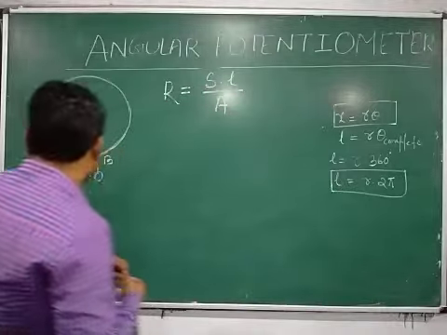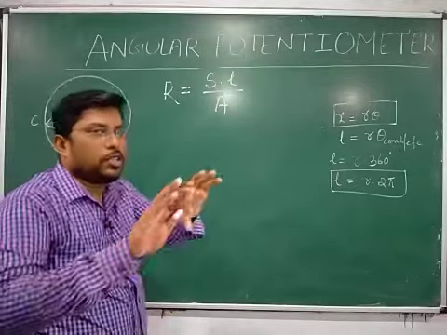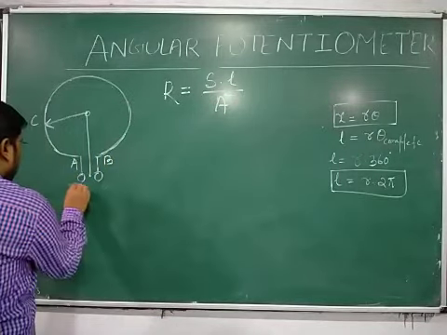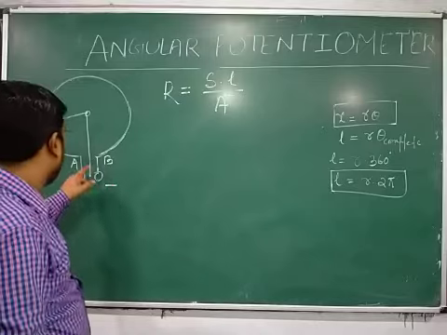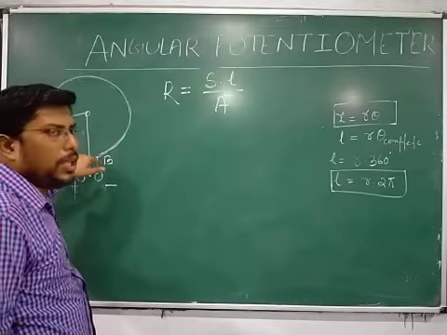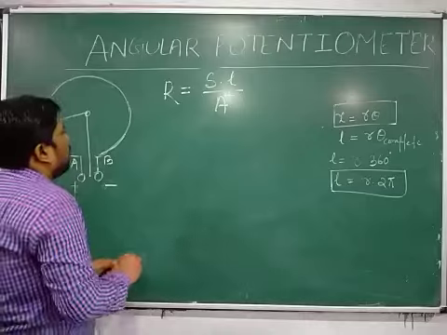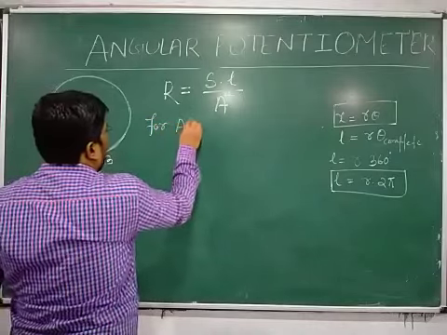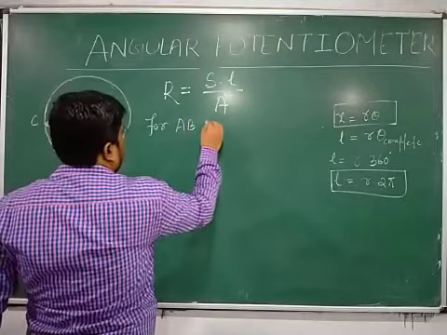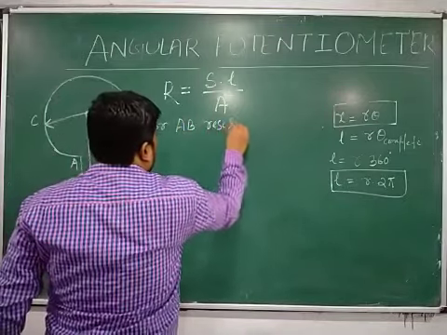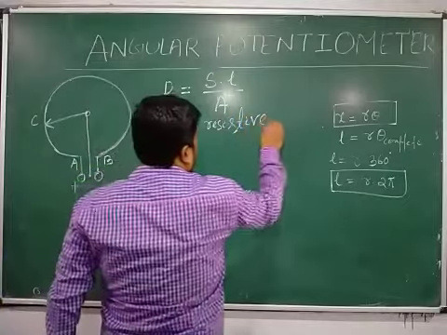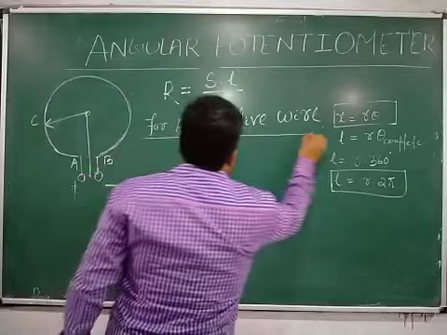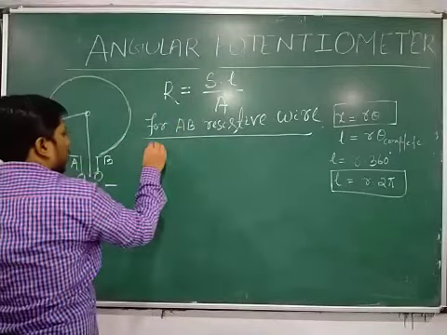Now suppose initially the wiper is not introduced, which means current will automatically flow from the high terminal. Suppose this is plus and this is minus. Current will be flowing from terminal A to terminal B. So for the AB resistive wire, what will be my R?